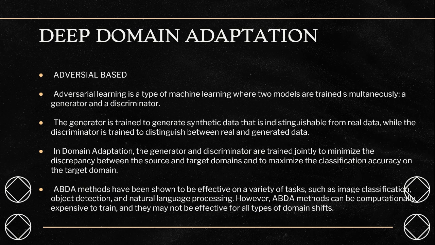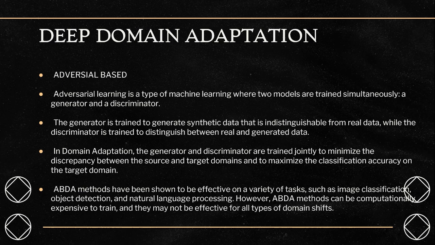And at last we have the adversarial based. Here the main components are a generator and a discriminator. These are the tools used to train in adversarial learning. The generator tries to mimic the data from the given data, and the discriminator tries to discriminate the data that has been generated.